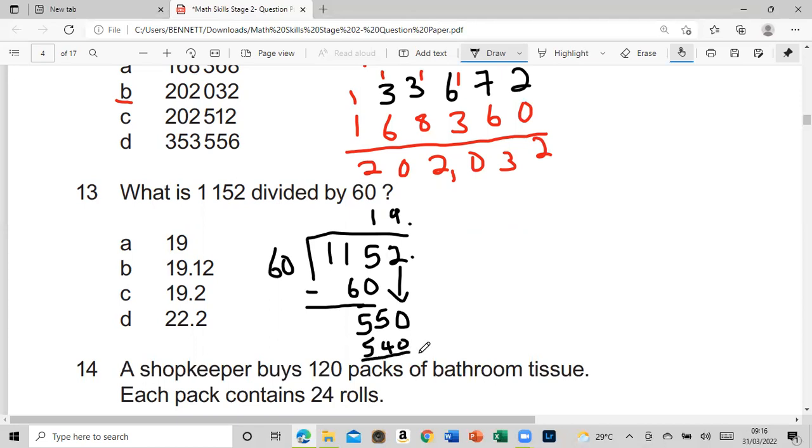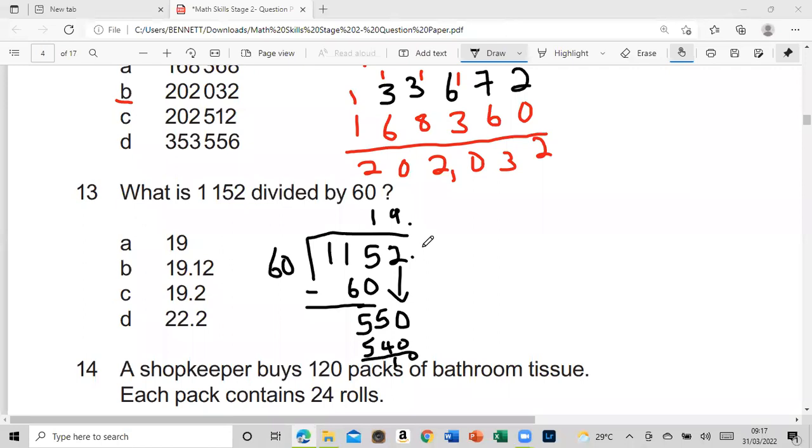Our next 0 is going to be here, so carry down the 0. Put the dot right here. Oh yeah, so 6, 9, 54.